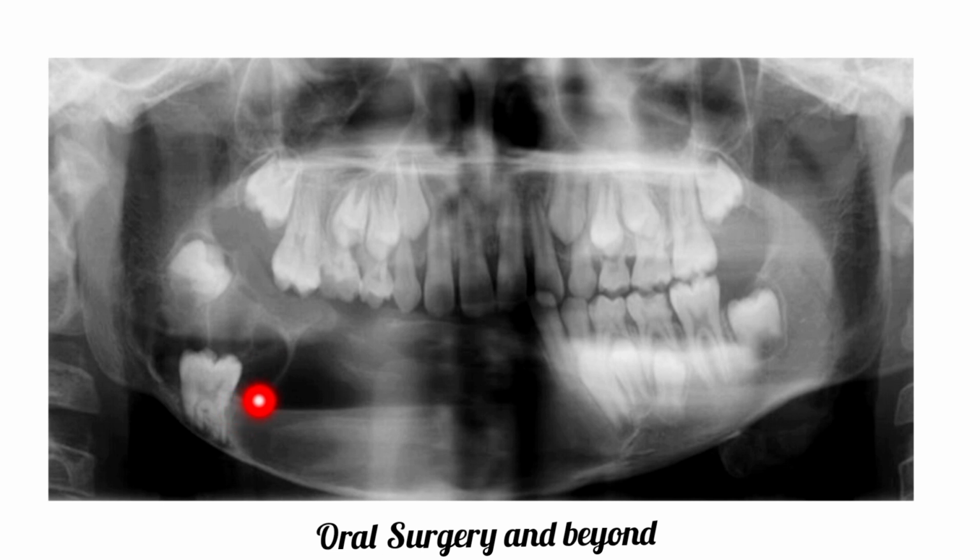On this OPG this looks like a mixed pathology, meaning maybe two types of pathology are combined here. One pathology we can consider looks like a dentigerous cyst, starting from this impacted tooth.